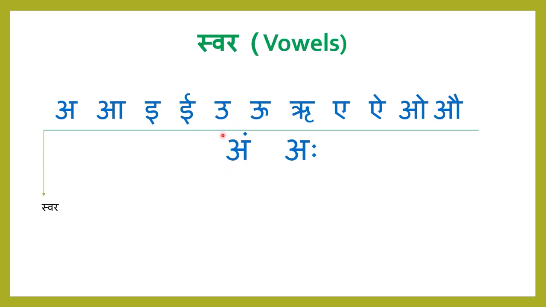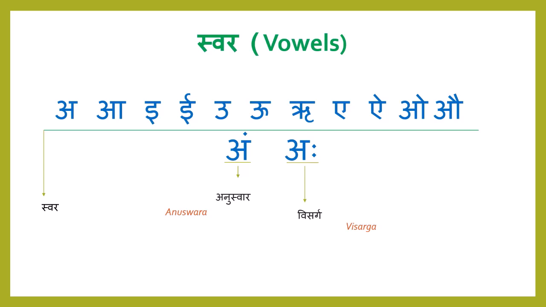Then this is known as anuswar. How can you pronounce it? Again break it, A-N-U, anu, and swar. Then again this, aha, it is known as visarg, V-I-S-A-R-G, visarg. So this is the set of 13 swar in Hindi.